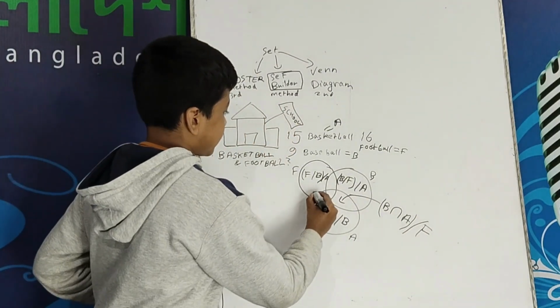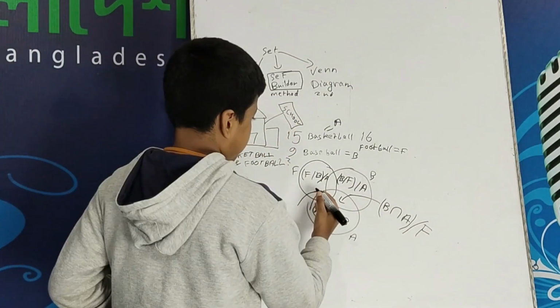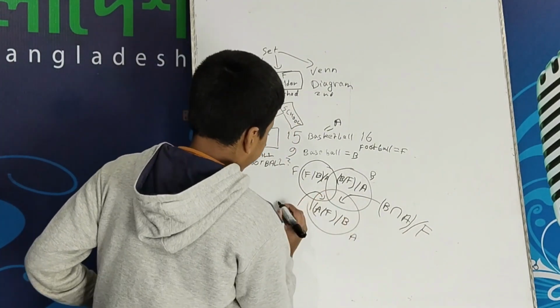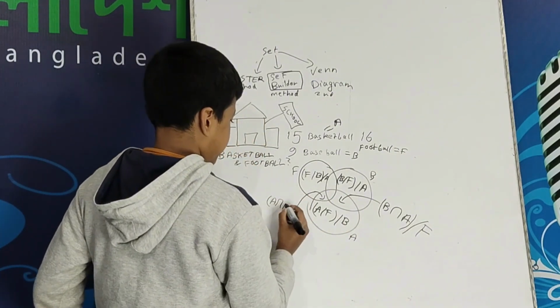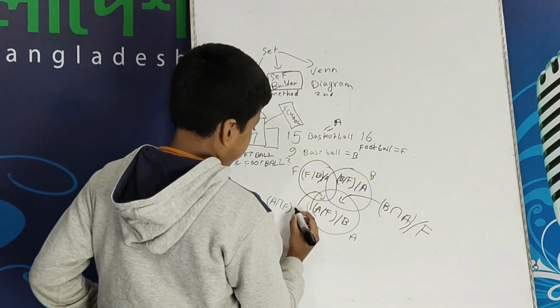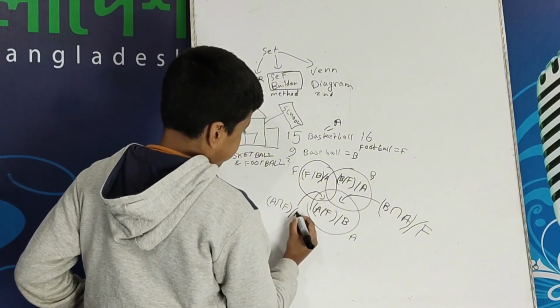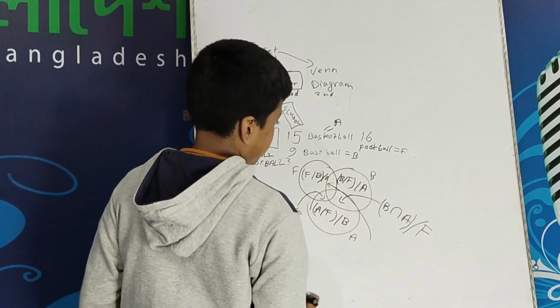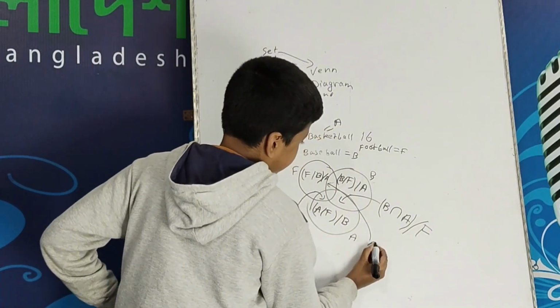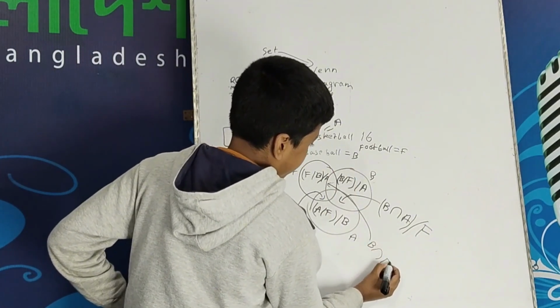So now this will be written as A intersection F. But that includes this middle region again. So we do /B. This region right here, in between these, this is basically the same thing, B intersection F.